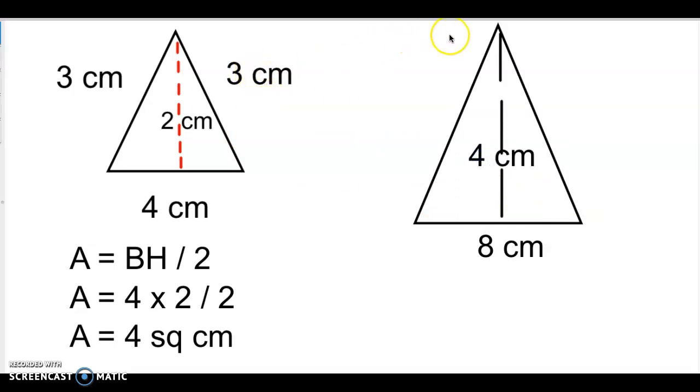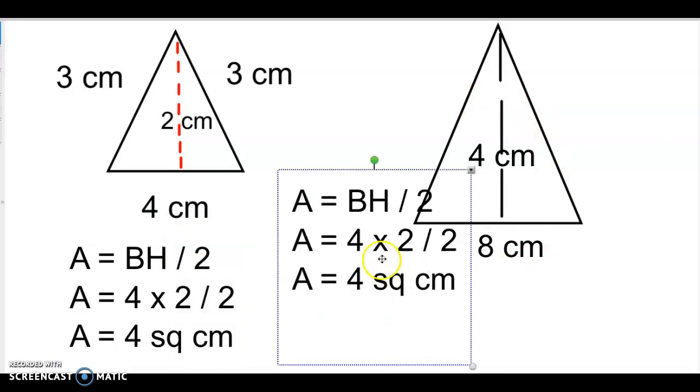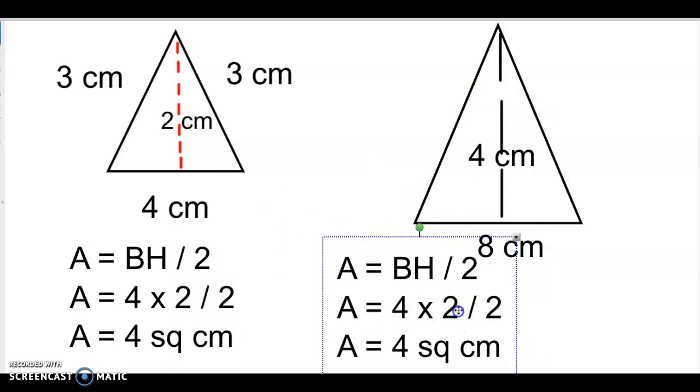Now the sides are also going to be doubled, but I don't really need those to find area, so I'm not going to put them on here. So my area is still base times height divided by 2, but now my dimensions have changed. It's not 4 times 2, it's 8 times 4. So 32 divided by 2 is 16.